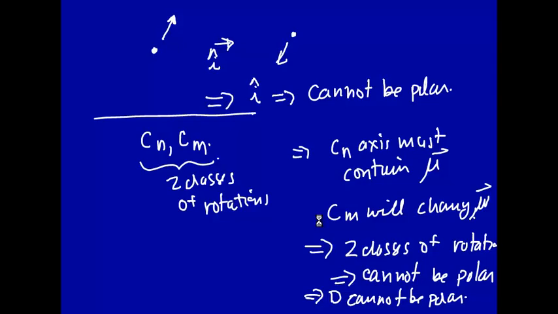Let's look at some of the S groups. Sn is a rotation followed by a reflection. So let's consider a dipole moment, coming out towards you. If you rotate that along this axis, but then reflect in the plane perpendicular to the rotational axis, the dipole moment will change direction.